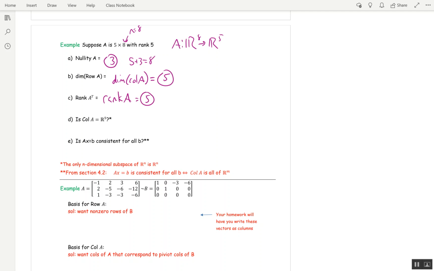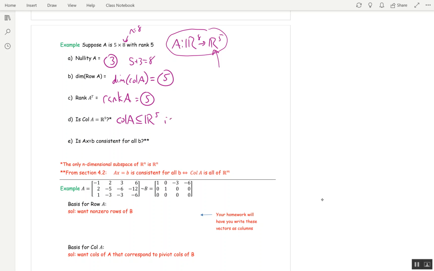Is col A equal to R5? So take a look up here. A goes from R8 to R5, and col A lives over in R5. So col A is a subset of R5. It's actually a subspace.